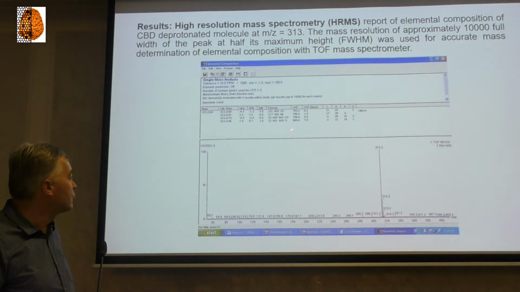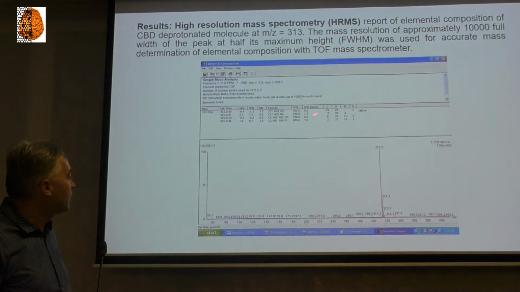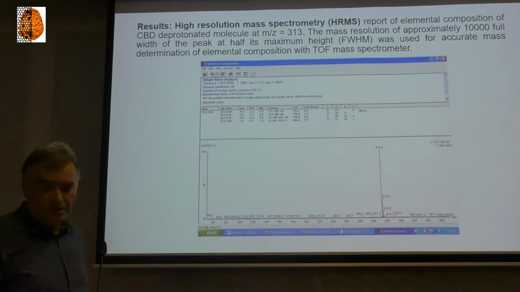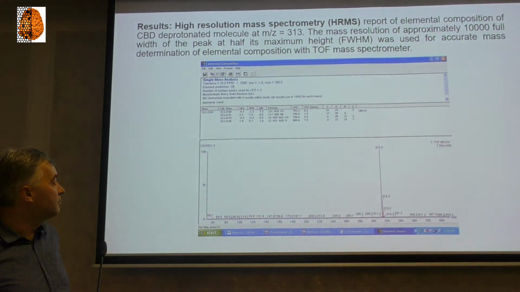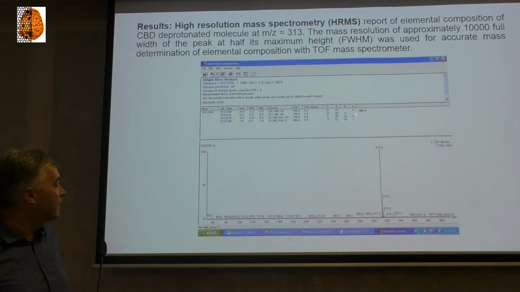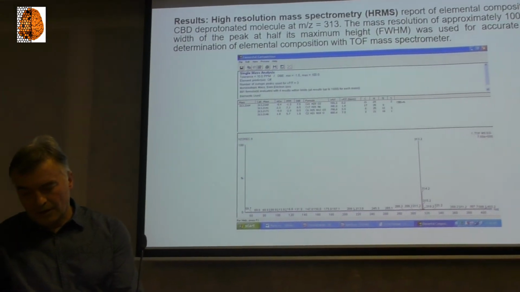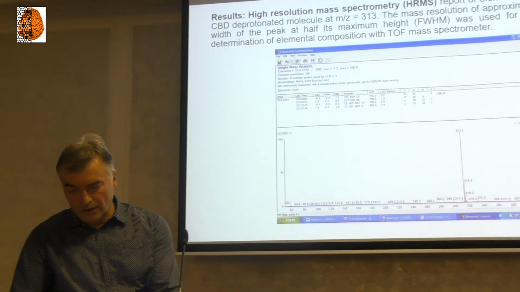We have the elemental composition of the compound, measured on, let's say, an accurate scale of 4 decimal places, and after this measurement we can quite precisely and accurately show the composition of elements and somehow characterize the compounds which are measured.